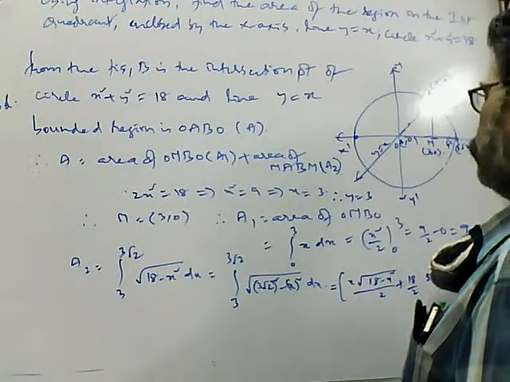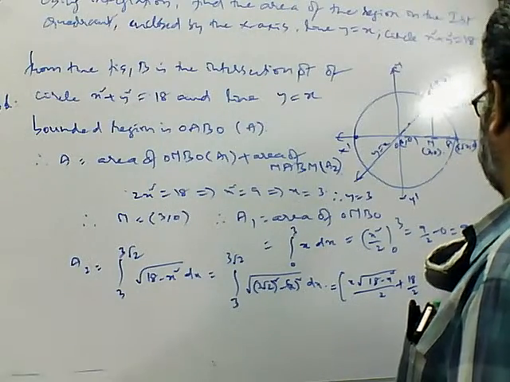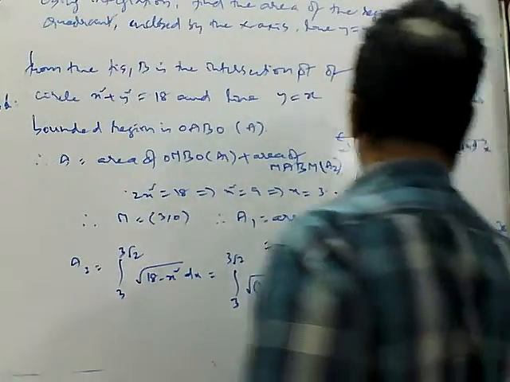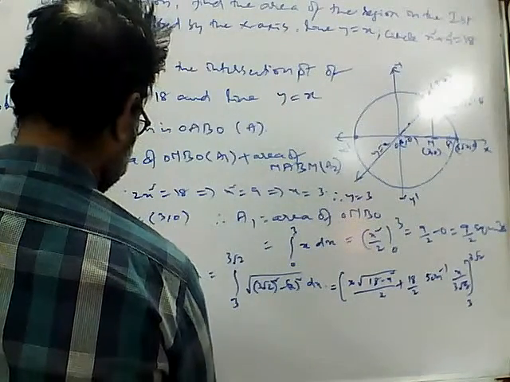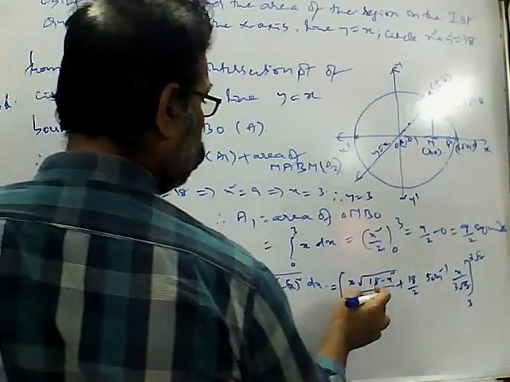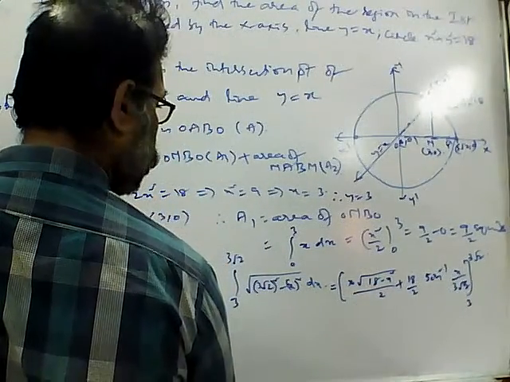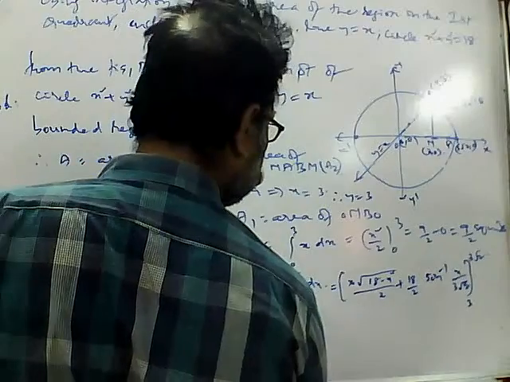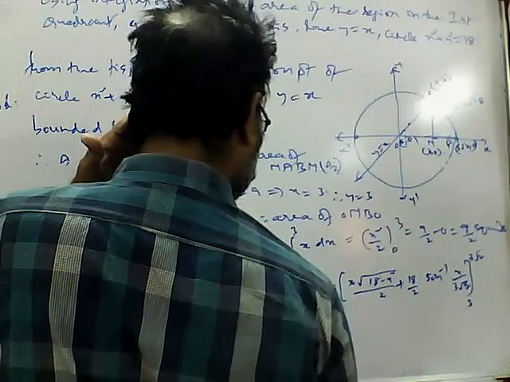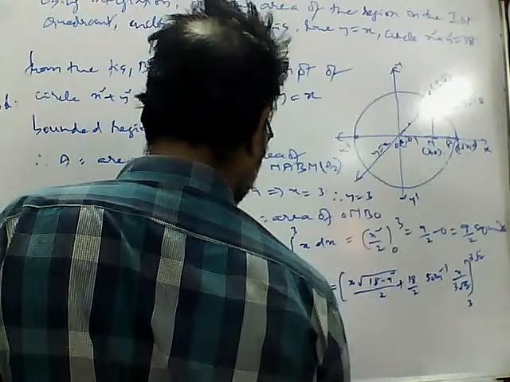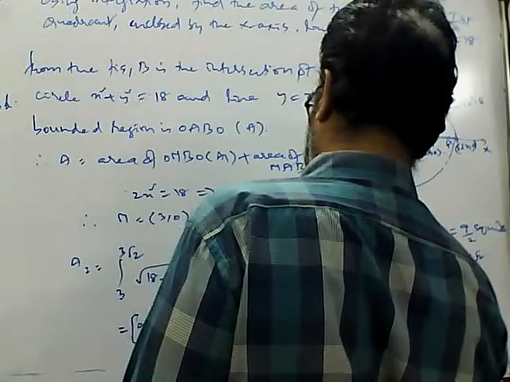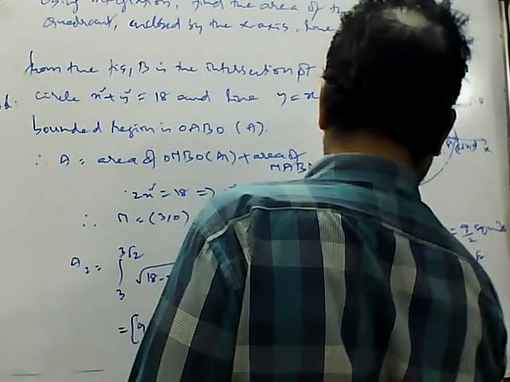X by a means x by 3 root 2, from 3 to 3 root 2. Now that is equal to 3 root 2 into this value 0, plus 18 by 2, 9 sin inverse 1, minus 3 by 2 into root 9 into 3, minus 9 sin inverse 1 by root 2. That is 9 into pi by 2 minus 9 by 2 minus 9 into pi by 4.